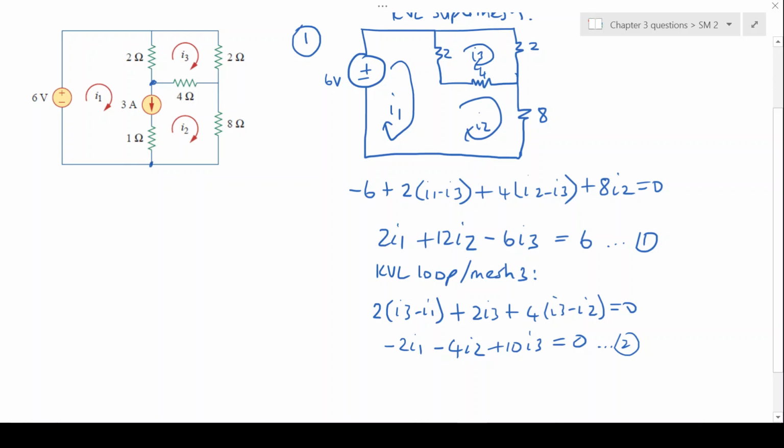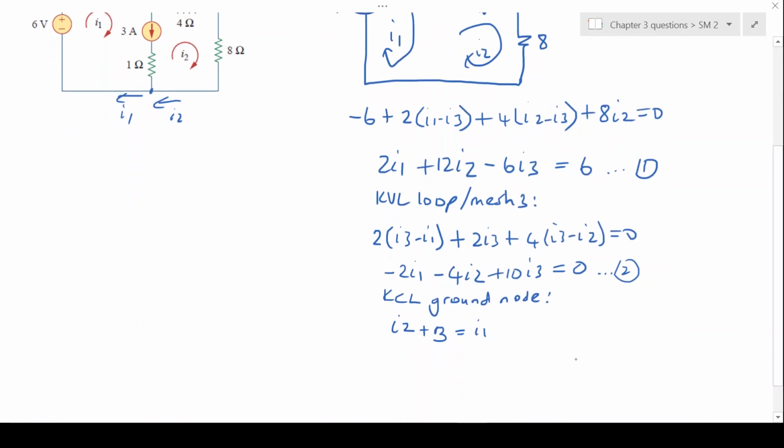Whereas if I do it here, I'm going to say the current going down here is 3, the current going in here is I2, and the current going out there is I1. So therefore I can do a KCL at the ground node and say that I2 plus 3 is equal to I1.